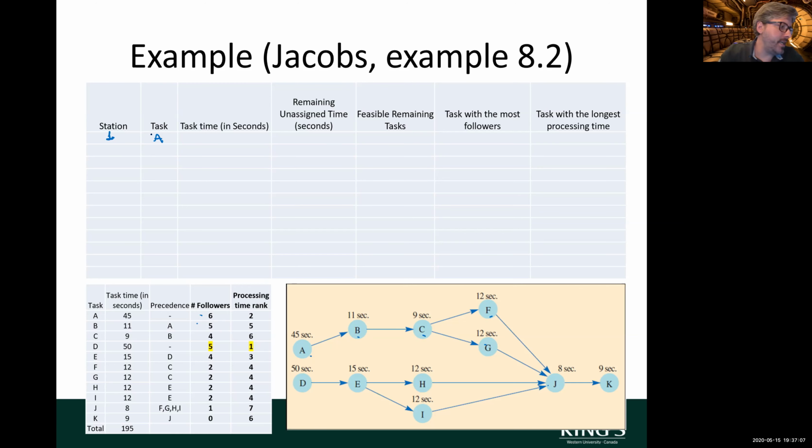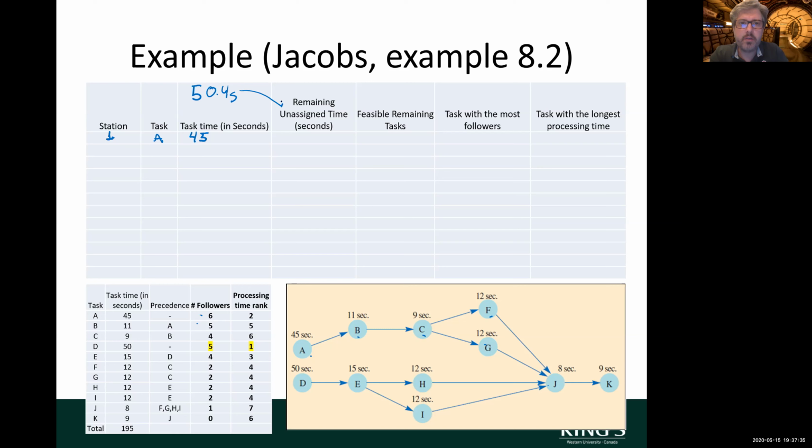All right, now how long does task A last? Well, it lasts 45 seconds. So let me put over here 45 seconds. My takt time, what was it that I calculated again? Is it 50.4? I think it's 50.4. So I should be running at 50.4 seconds, okay?